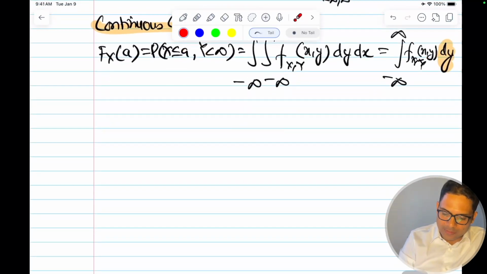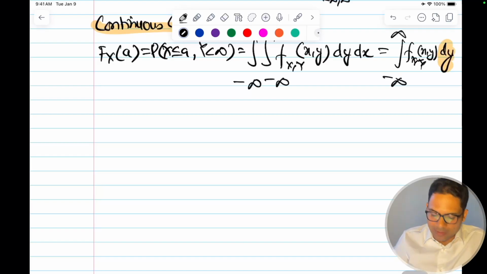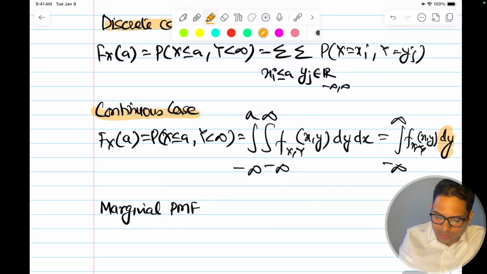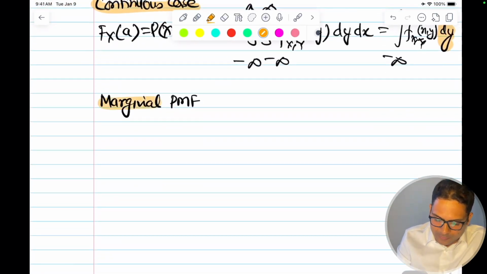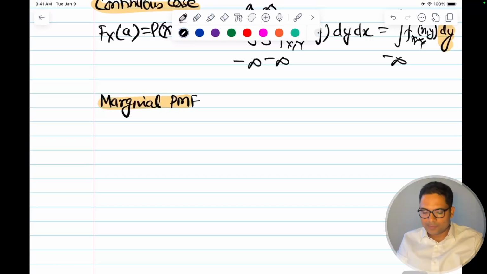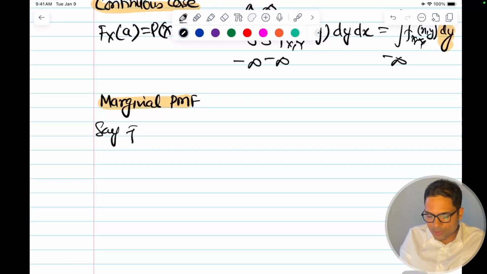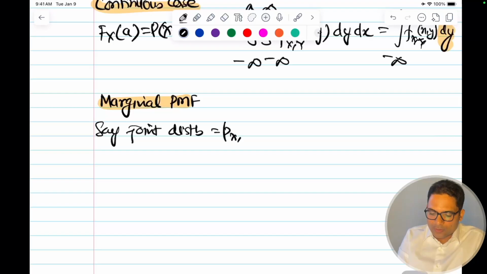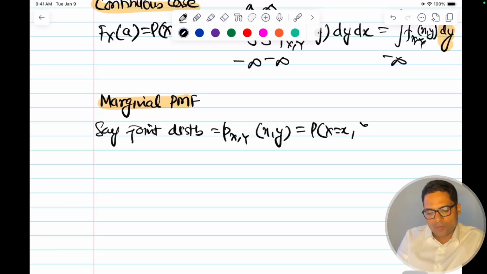Now let me formalize this also, marginal PMF. Here I'll tell you one more thing. How do we derive it? Say my joint distribution, this is for the discrete case, is equal to probability of x comma y, comma is always read as 'and', is equal to probability of x is equal to x, y is equal to y.